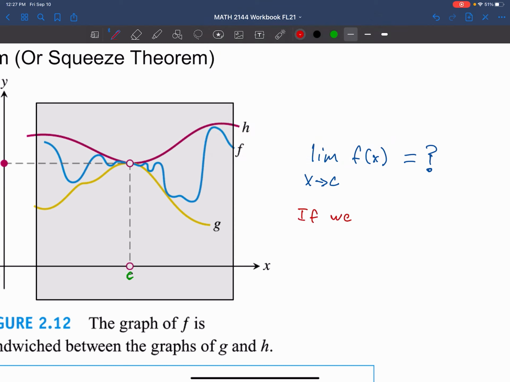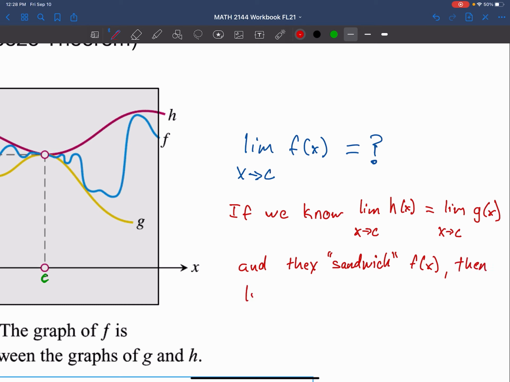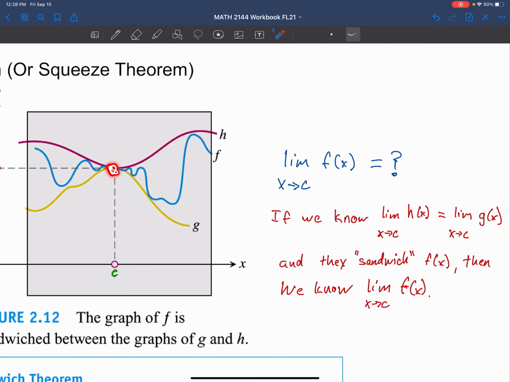If we know that the limit as x approaches c of h of x is equal to the limit as x approaches c of g of x, and they sandwich, quote unquote, sandwich or squeeze f of x, then we know the limit as x approaches c of f of x, because it is squeezed between them.